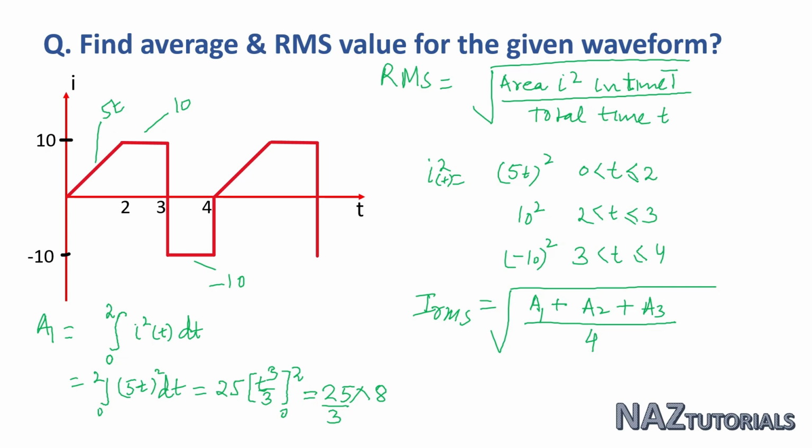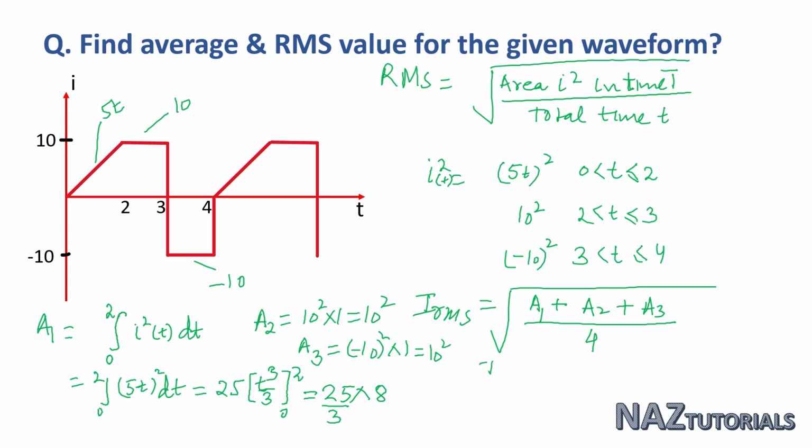Now calculate area 2. Area 2 is simply 10 square into 1, that is 10 square, and area 3 is minus 10 square into 1, that is 10 square.